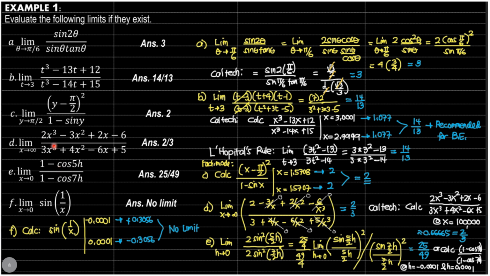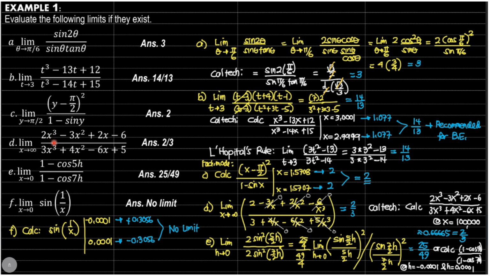Problem letter D, limit as x approaches infinity. The official method by students in calculus should be this. We divide everything by x cubed, which is the highest degree of the variable.